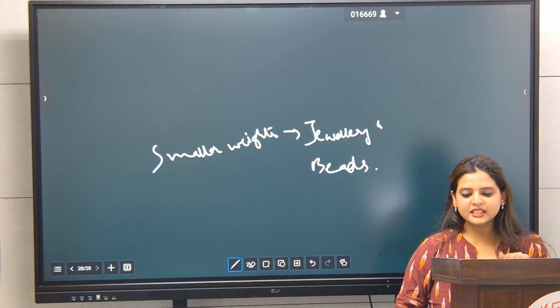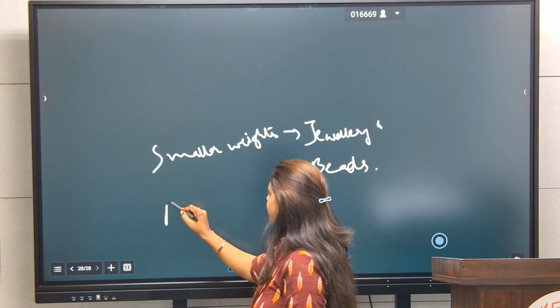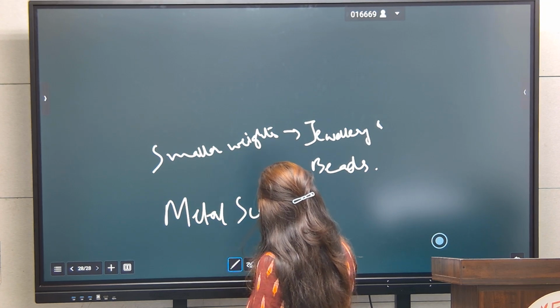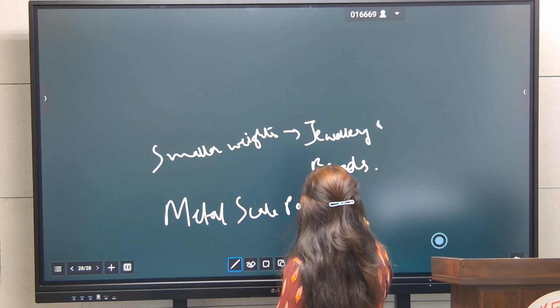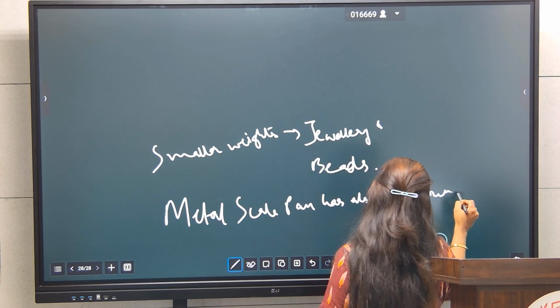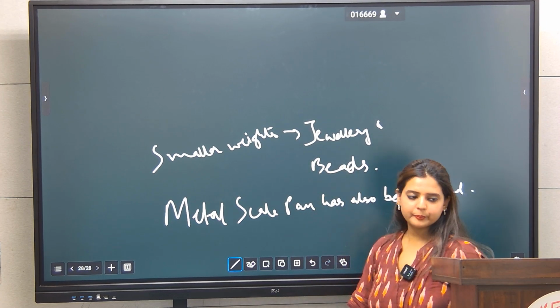And a metal scale pan has also been found, which was used for weighing.